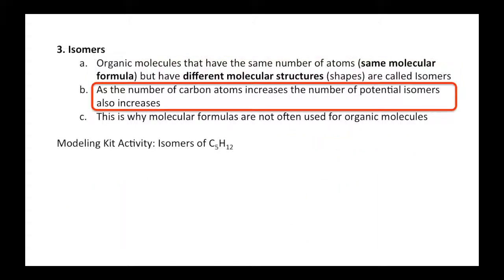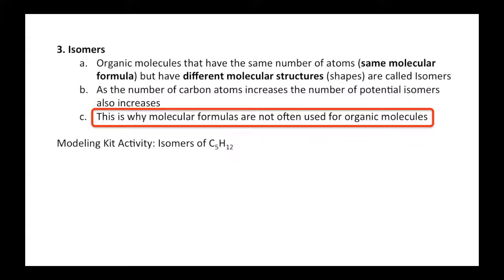Now, as the carbon atoms increase, the number of isomers increases. So the more carbons we have, like C5, C6, C7, C100, the more isomers you have. And because of that, we don't use molecular formulas like this very often.